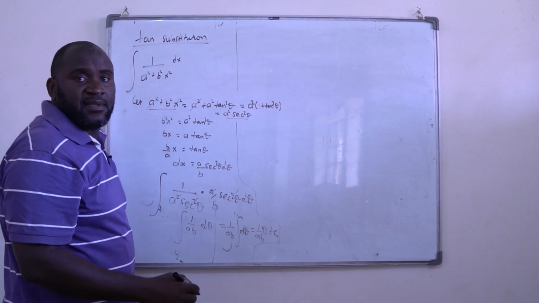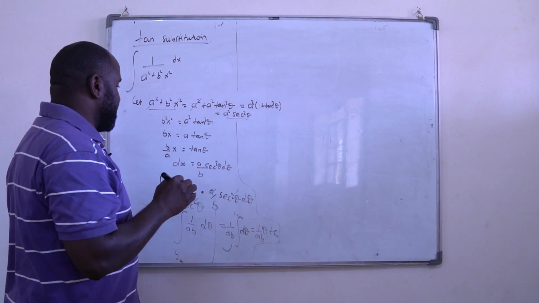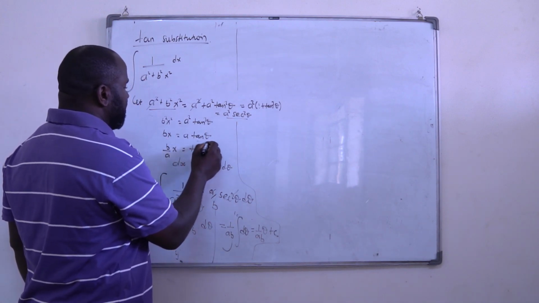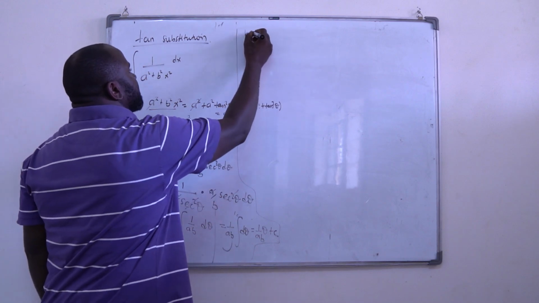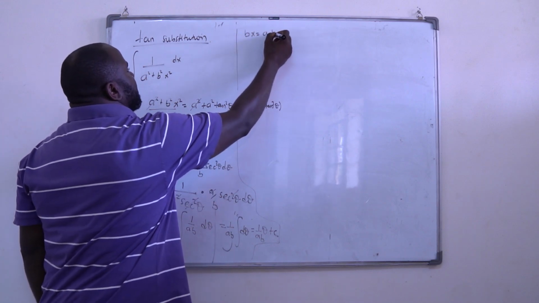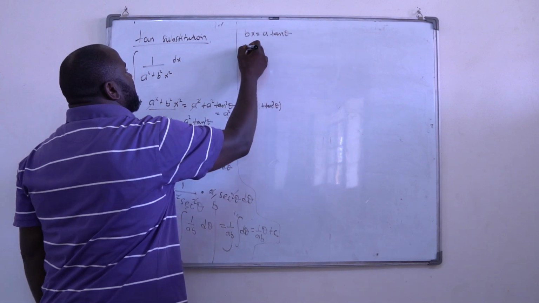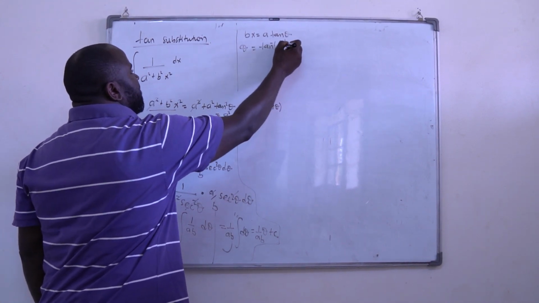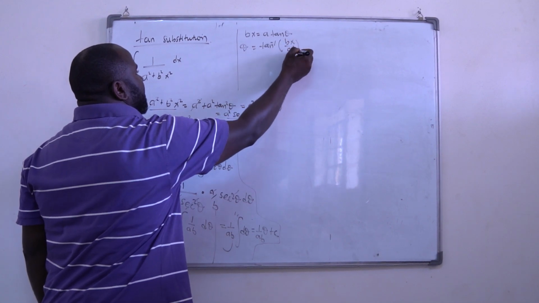Now, in totality, if I want to write this as the final expression, remember you have to bring back x. So what was theta? Theta can be got from here. bx is equal to a tan of theta. Therefore, theta is tan inverse of bx out of a.